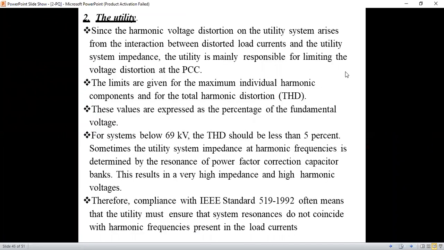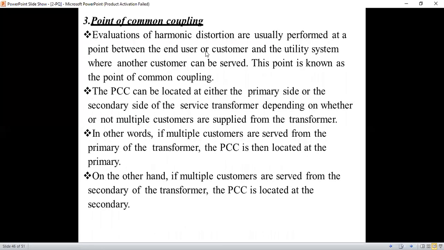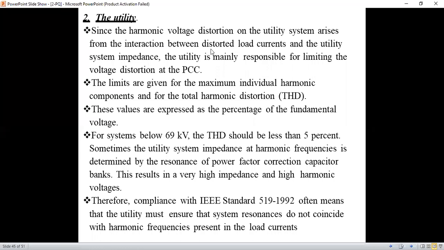Next, the utility side we are going to consider, mainly the voltage. The total harmonic distortion we consider at this utility side. The harmonic voltage distortion on the utility system arises from the interaction between the distorted load current and the utility system impedance.